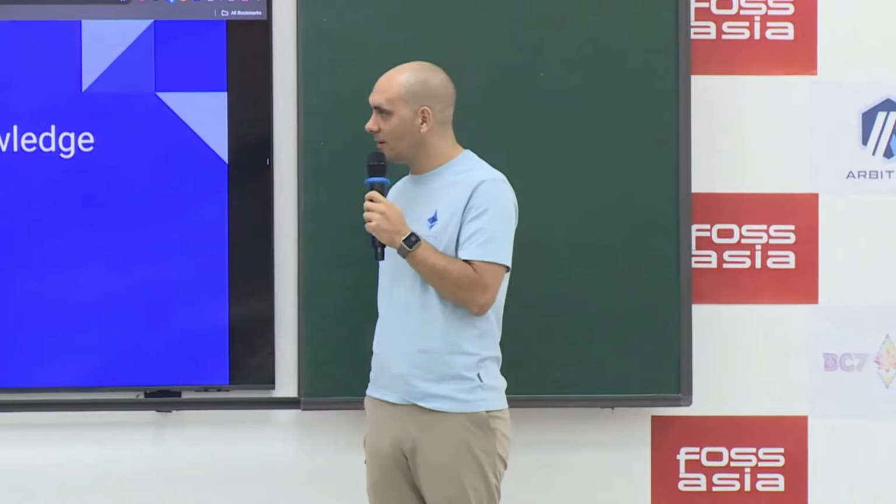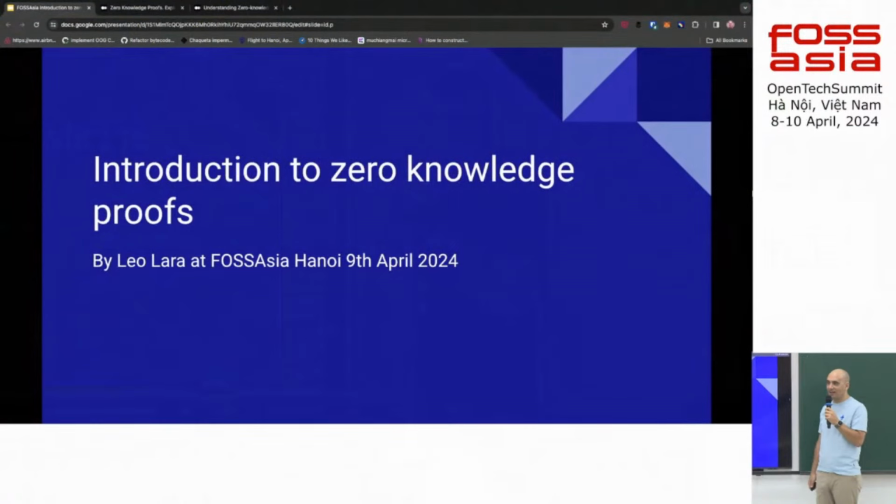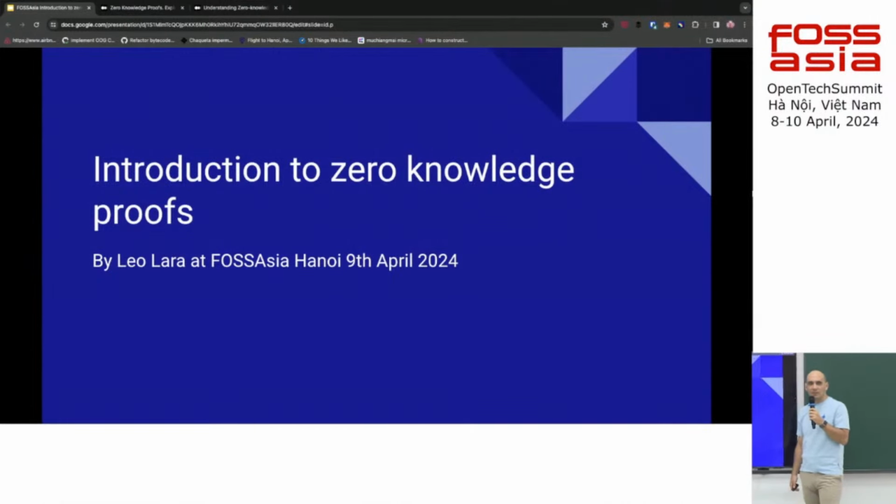Now, I've been in free software open source for more than 2 years, and it's an amazing community and a great purpose. So now I'm going to talk about zero knowledge proofs more from a perspective that is good for a student of computer science or software engineering.